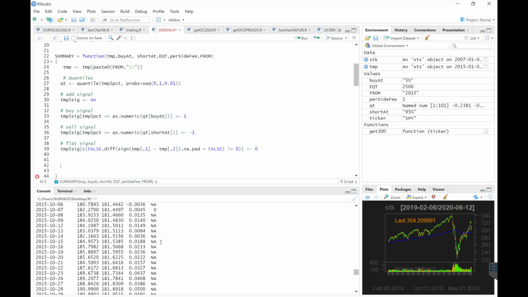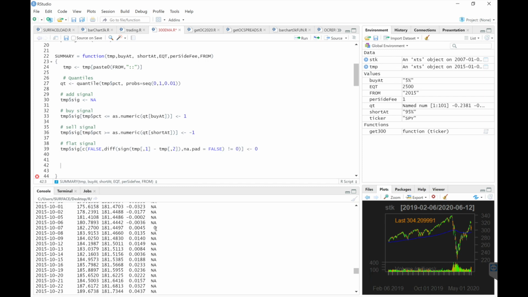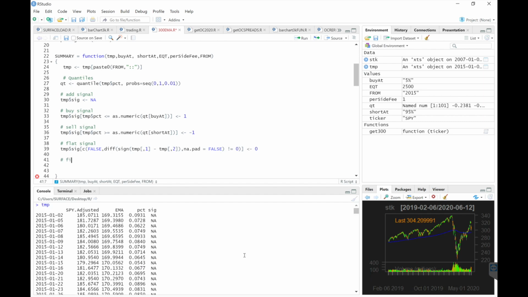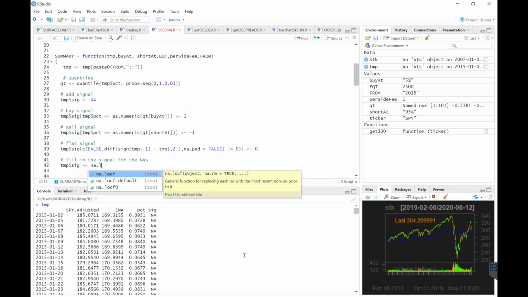So now I want to get rid of these NAs, and what I'll do is I'll carry forward the last observation, and that'll replace these NAs until another signal is thrown. And that's done using NALOCF, which means last observation carried forward.